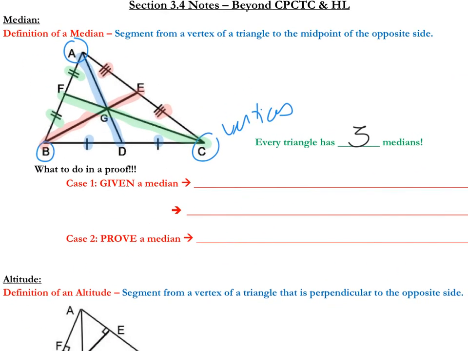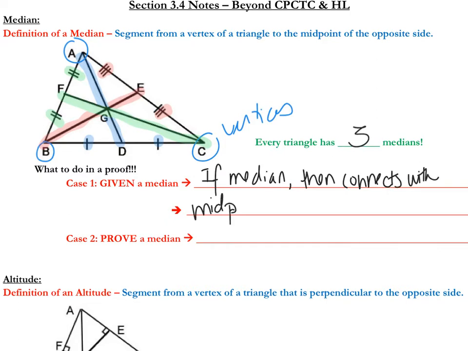So what do we do in a proof if we're given a median? If median, then it connects with the midpoint of the opposite side. Okay.